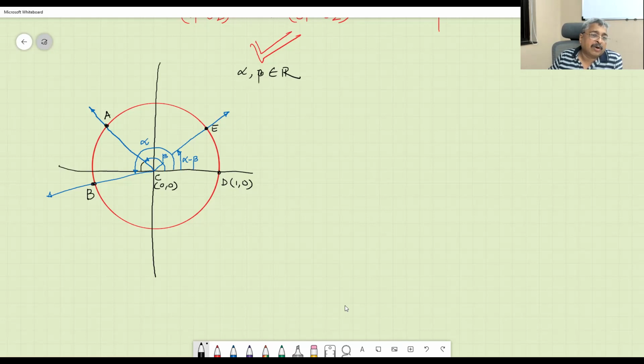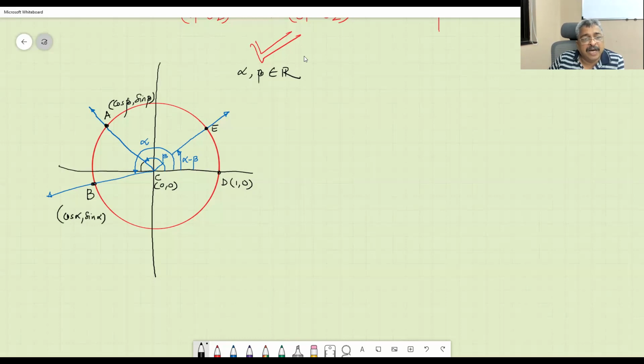What will be the coordinates of A? That is my question. What will be the coordinates of A? Cos beta, comma sin beta. Coordinates of B are cos alpha, comma sin alpha. Coordinates of E are cos of alpha minus beta, comma sin of alpha minus beta.